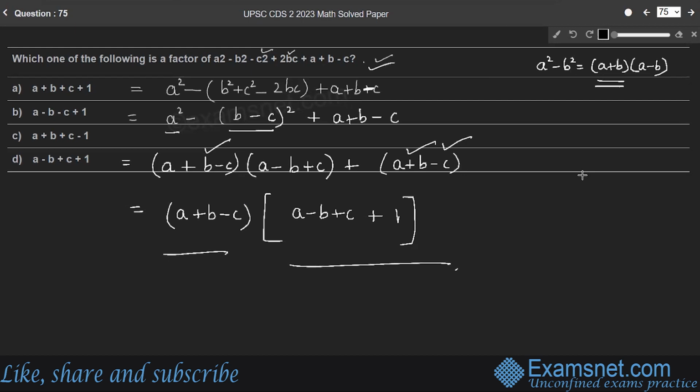The question is, which one of the following is a factor of the given expression? Look at the options. Do we have a plus b minus c? We have the option with 4 terms, where one is a constant. So look for a minus b plus c plus 1. Look at option D: a minus b plus c plus 1. Yes, option D is the right answer.